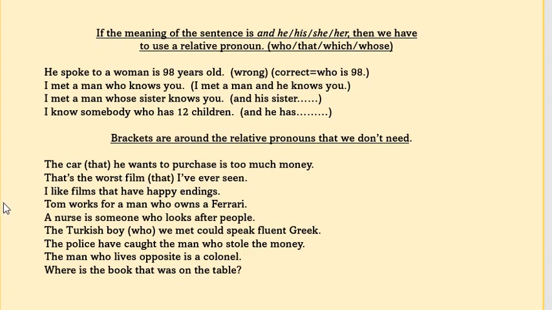Tom works for a man who owns a Ferrari. A nurse is someone who looks after people. The Turkish boy we met could speak fluent Greek. The police have caught the man who stole the money. The man who lives opposite is a colonel.